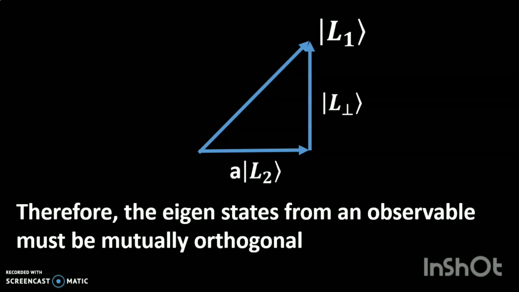In quantum mechanics, observables manifest as self-adjoint operators on a separable complex Hilbert space representing the quantum state space. Hilbert space I have already discussed in my video.